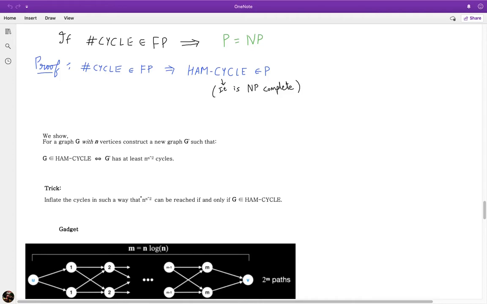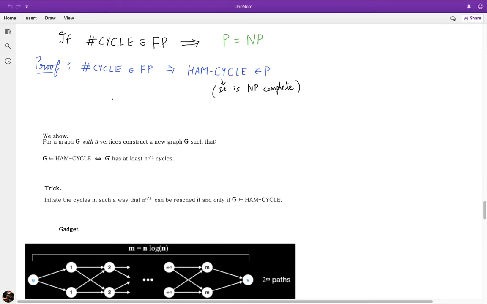So if a graph of n nodes has a Hamiltonian cycle, the cycle would be of n nodes. We need to use this problem in order to prove the above implication here.